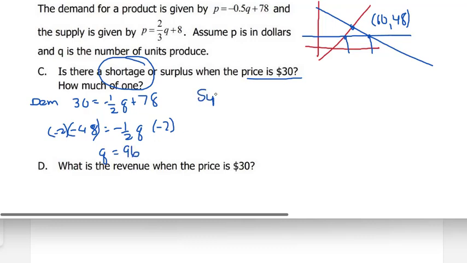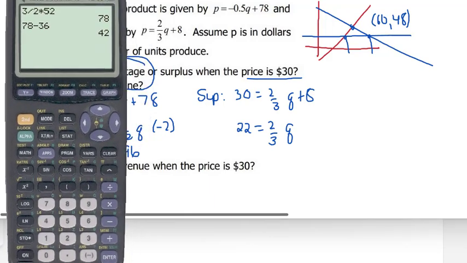For our supply, we're going to do the same thing. This time we're going to have 30 equals 2/3 Q plus 8. Subtract 8 from both sides, we're going to have 22 equals 2/3 Q. So let's use the calculator to do this calculation this time. So if I take 22 and I want to divide it by that 2/3, so I'm going to divide by 2 divided by 3.